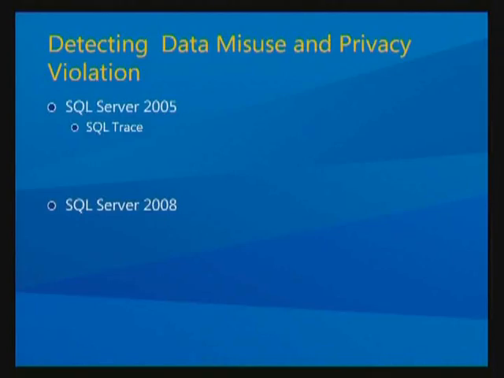And the primary means by which this is exposed is SQL Trace. Now, SQL Trace is used for not only capturing things from a security relevant perspective, it's used for doing things like problem diagnosis, performance analysis and so on. So there's no real audit flavor to it, but if you open up the Profiler, which is the UI tool, you will see as you navigate down the left panel, you'll have a node for security.